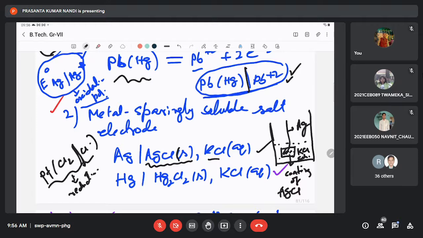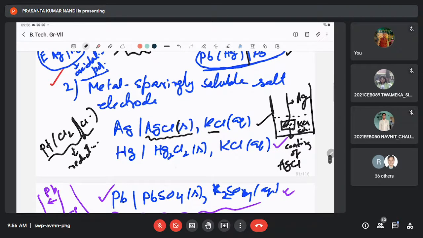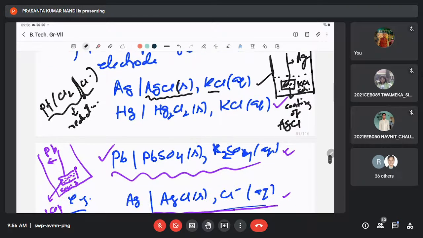This is called the metal sparingly soluble salt electrode. Another example is mercury. Another example is lead sulfate, potassium sulfate in aqueous solution.